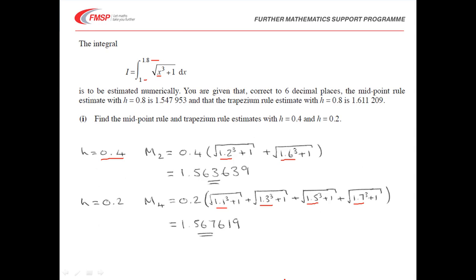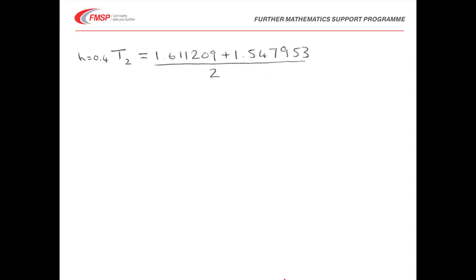So what we've done is we've found the midpoint rule estimates for h equals 0.4 and h equals 0.2. We now need to find the trapezium rule estimates. So we use that trick that we did before, that T2 is the previous midpoint plus the previous trapezium averaged. So M1 plus T1 over 2.